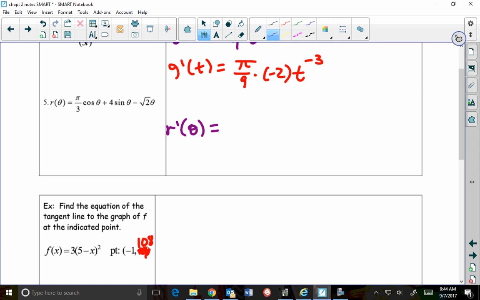Pi over 3 is a what? What does it get to do? Along for the ride. Cosine is a c, so the derivative becomes negative, and it goes to sine. Now, before you move on, I want you to look at what I write.